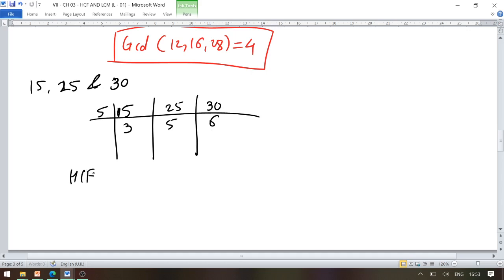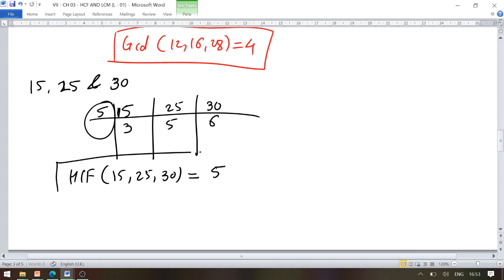So the HCF of 15, 25 and 30 is the multiplication of their common primes. We have just one number here, that is 5. So the HCF of 15, 25 and 30 is 5.